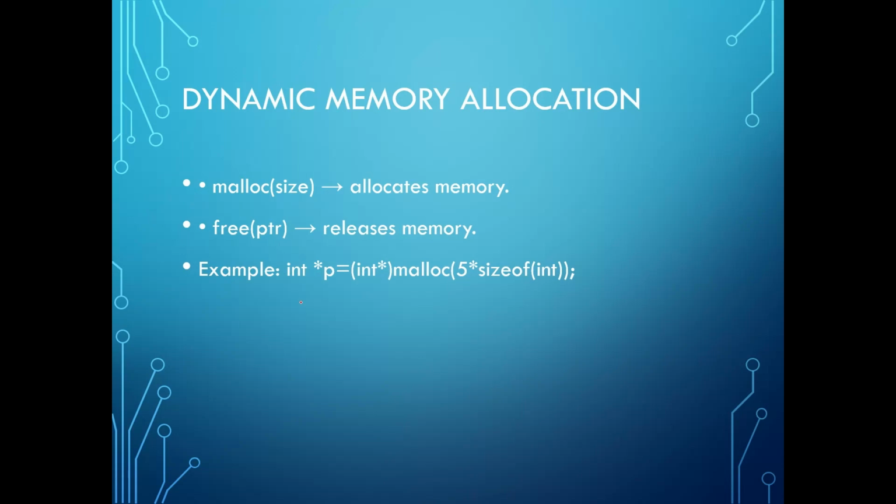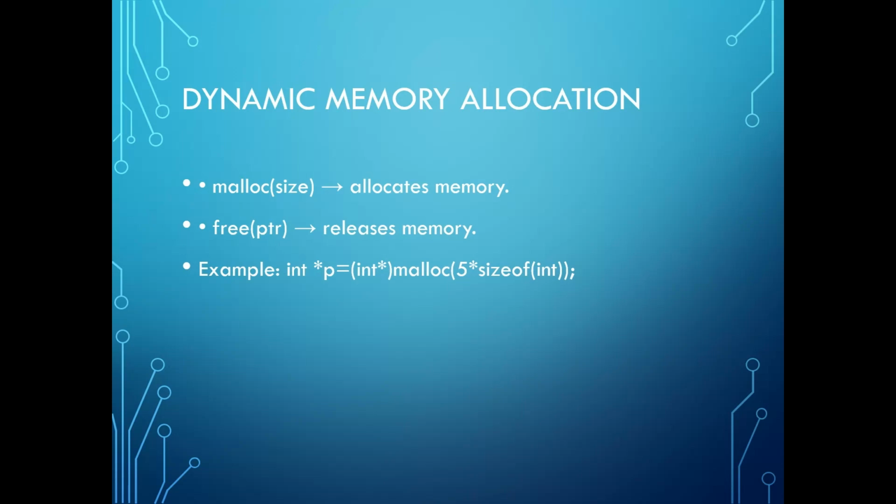Dynamic memory allocation. What is dynamic memory allocation here? Malloc allocates the memory and free is responsible for releasing the memory. It is important for IoT and embedded systems because memory is limited there. That's why in most cases we use these in embedded systems and IoT.